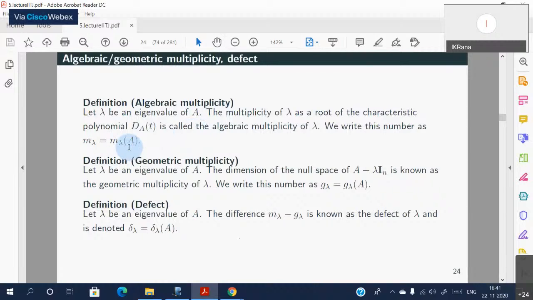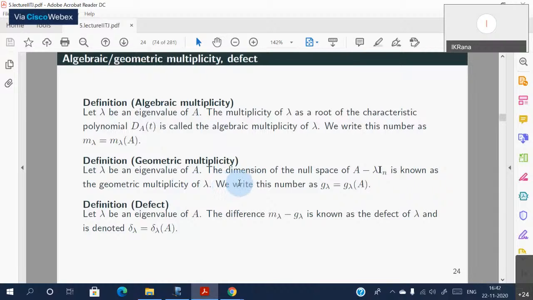So m lambda is the algebraic multiplicity of A, and we call the dimension of the null space the geometric multiplicity. For an eigenvalue lambda i, you are looking at the eigen subspace and its dimension.